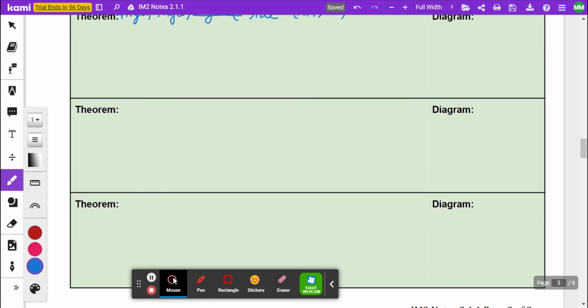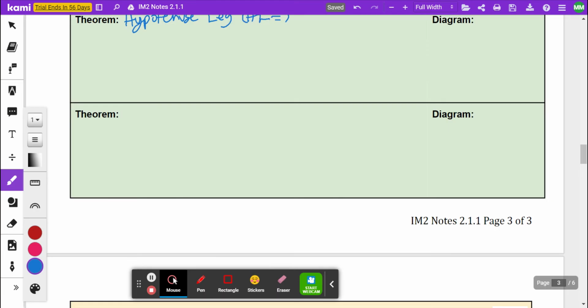We have hypotenuse leg. That's HL congruence. And we're going to go over the Pythagorean theorem, even though that's not actually a congruence theorem.